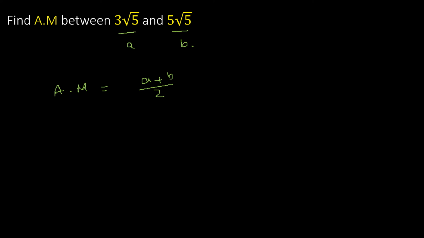So by plugging in the values, A is (3 root 5 plus 5 root 5) over 2, which makes it 4 root 5. So this is the answer for this question.